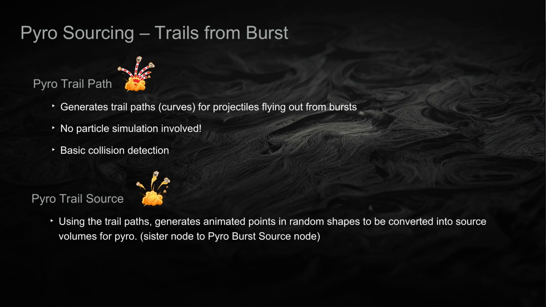So there is no pop simulation involved, which means these are very fast to generate and very fast to iterate over a certain look and certain properties of this path. But as a drawback, they cannot handle complex collisions, even though we introduce some sort of basic collision detection that could help you with most cases.